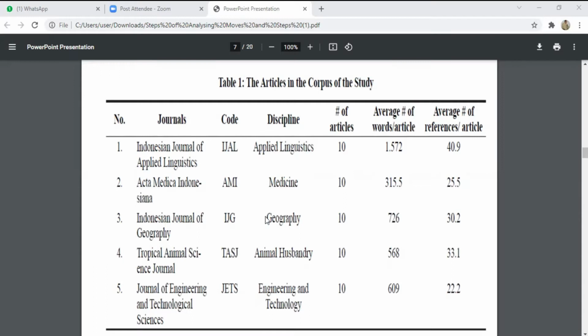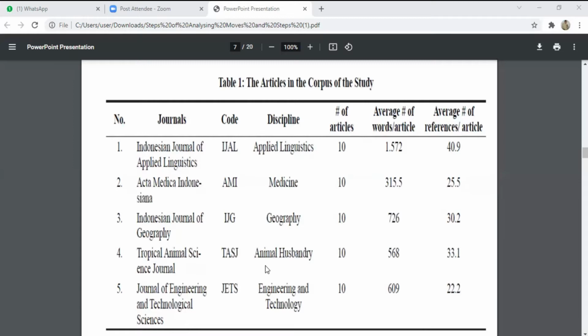Then the Indonesian Journal of Geography in the geography field, and Tropical Animal Science Journal, animal husbandry, with an average number of words per article of 568. So the lengths of the article sections are different.